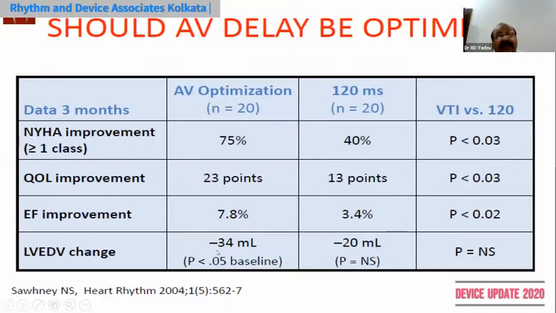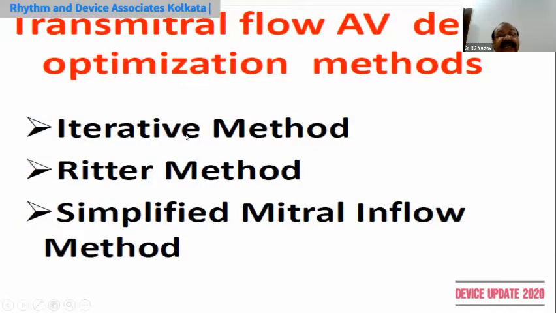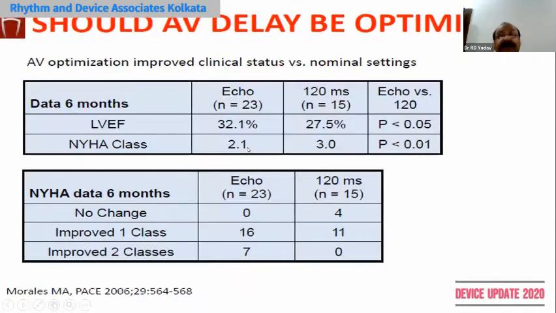Although the left ventricular end-diastolic changes are significantly decreased compared with the baseline, with the 120 millisecond it's not significant, but it's still more pacing which is given. So if you have not optimized, the ejection fraction improvement is also more, the New York Heart Association grade is also lower. That means the patient is responding better.